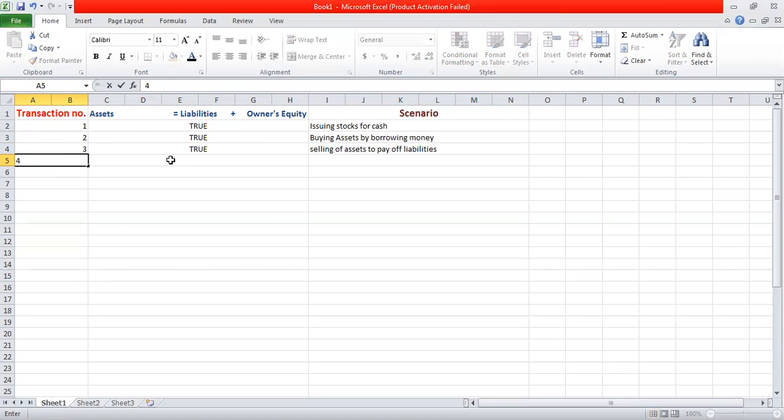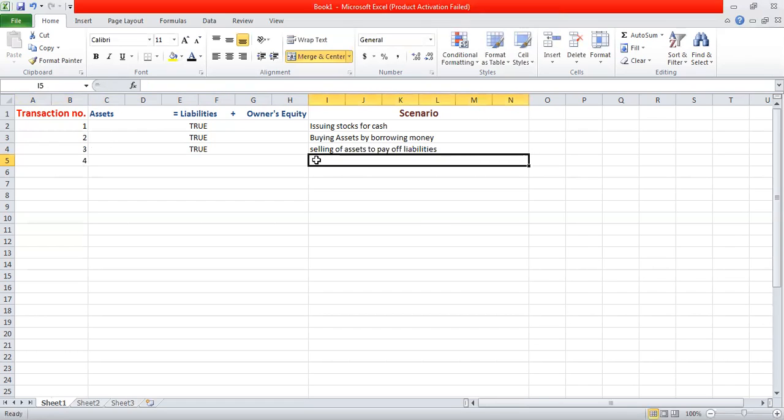Transaction number 4, the scenario is buying assets by paying cash from the owner's or shareholders' money, and by borrowing money.